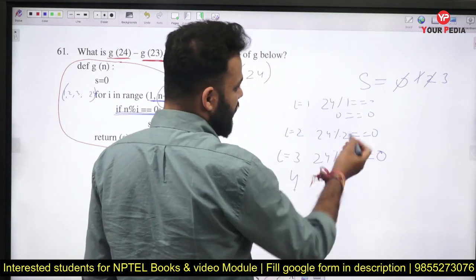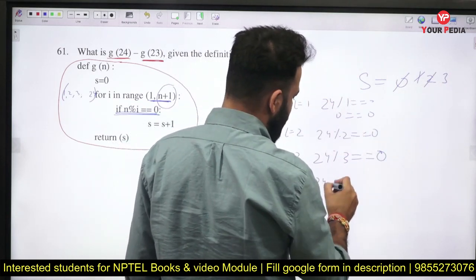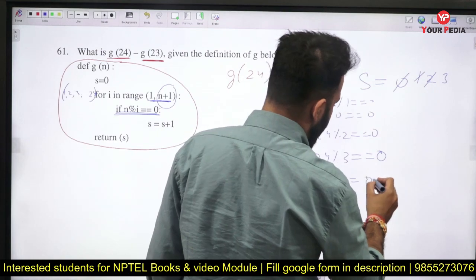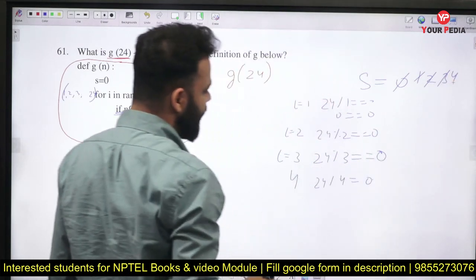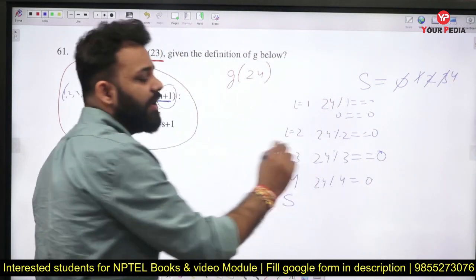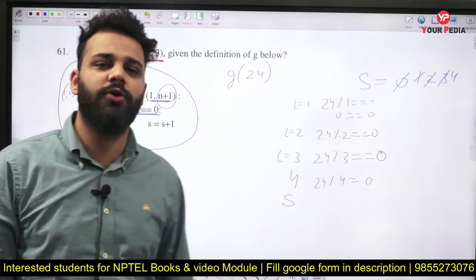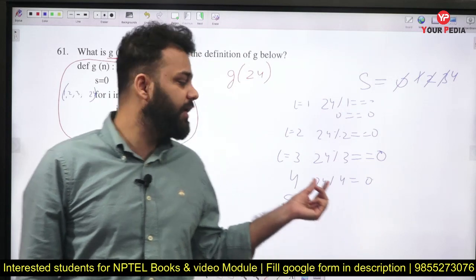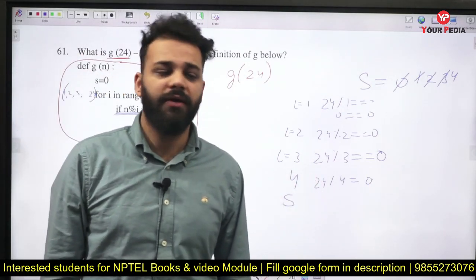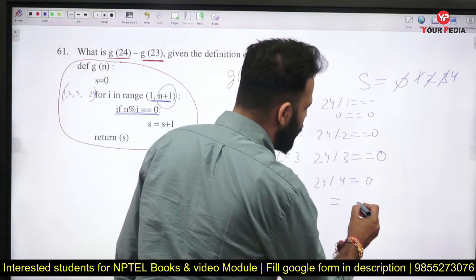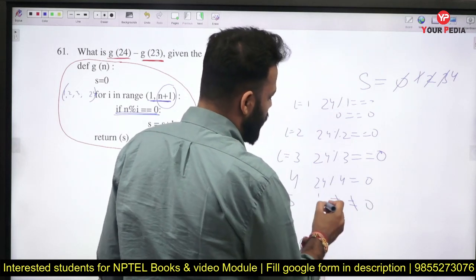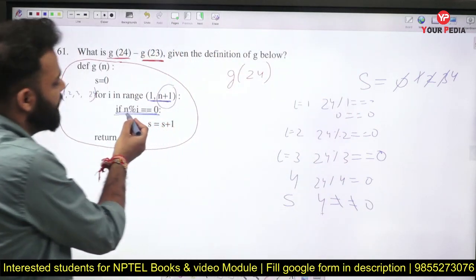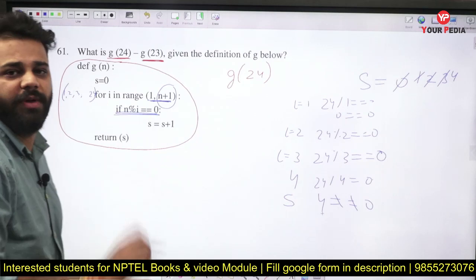At 4 it will again satisfy, so incremented again. At 5, 24 % 5 will not be equal to 0, it will be equal to 4. The remainder, if you divide 24 by 5, will be 4, so it will not be equal to 0. So we will not enter the if statement and s will not be incremented.